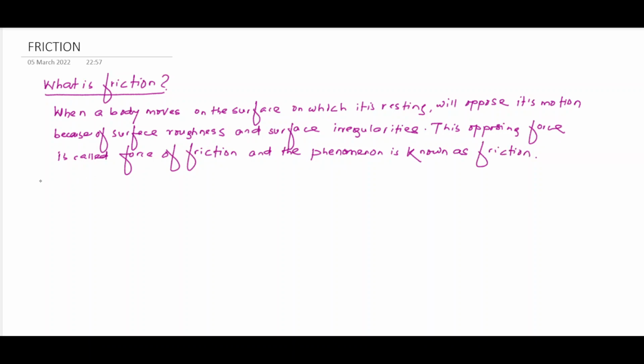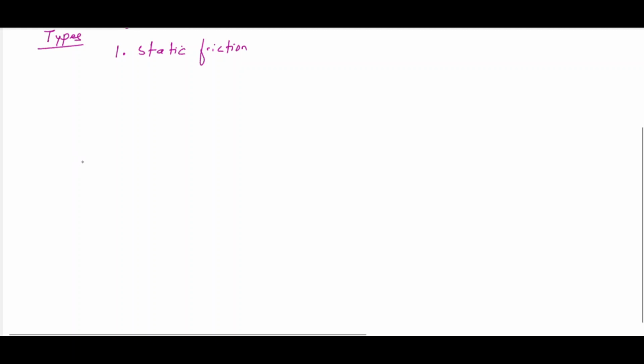Now coming to the different types of friction. First, we have static friction. Then we have dynamic friction.